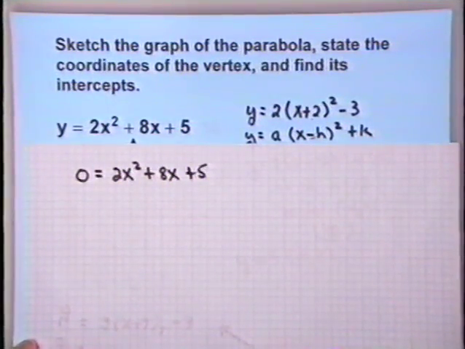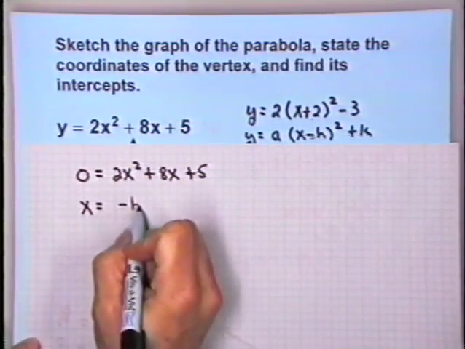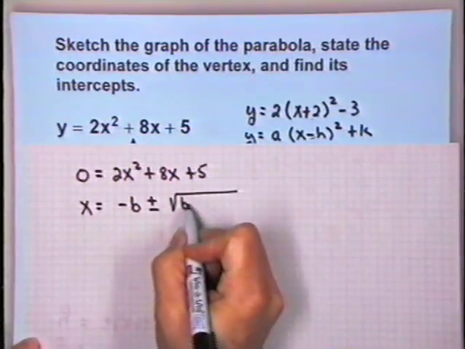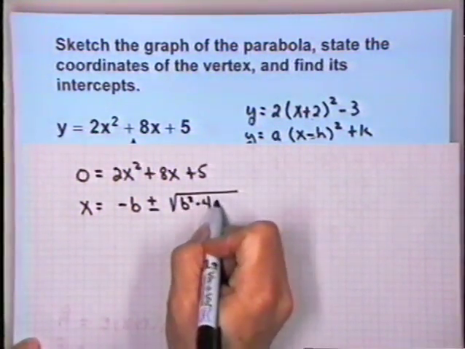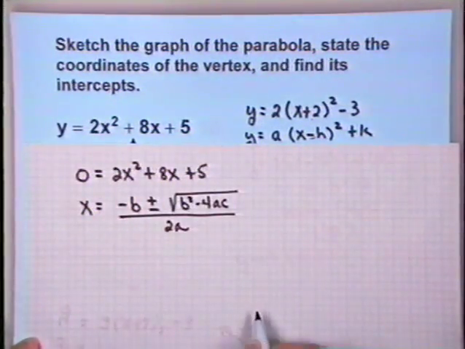In this case, this is not going to factor, I'll tell you right offhand. If you can't factor, remember you can use the quadratic formula. x equals the opposite of b plus or minus the square root of b squared minus 4ac, and all of that divided by 2a.